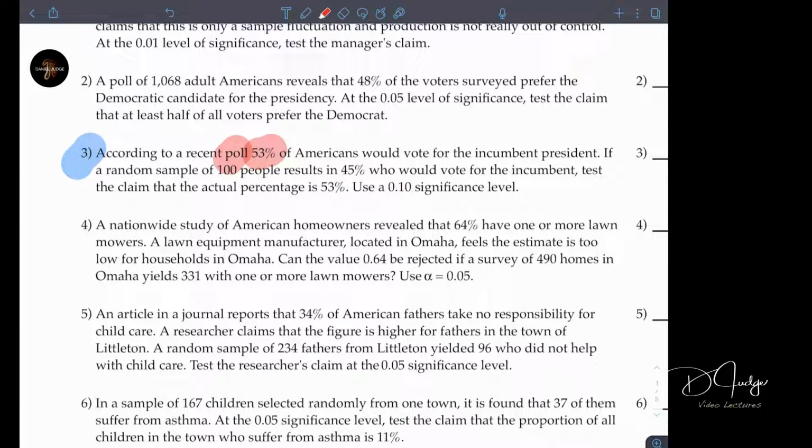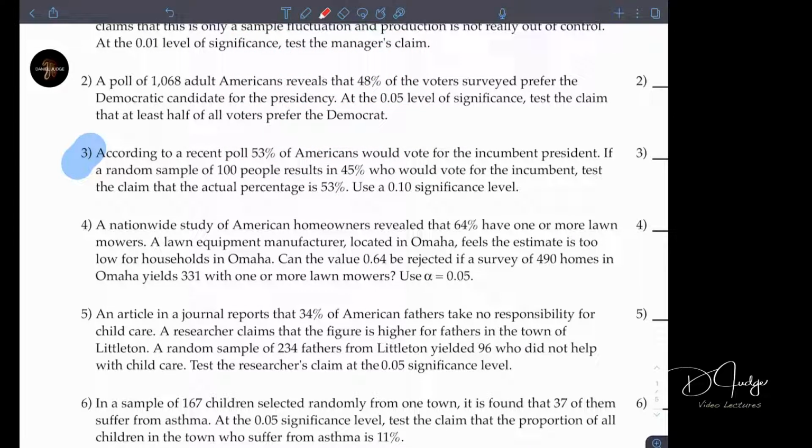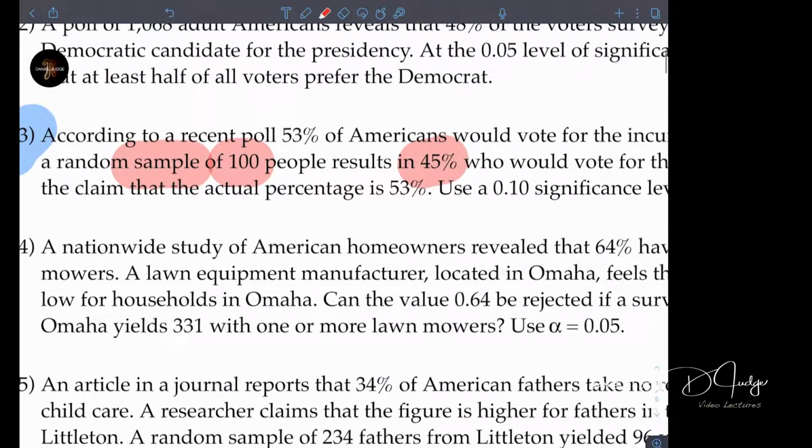Now, what they're saying here is, if a random sample of 100 people, now this is another sample. So you get a random sample of 100 people. That's another sample. This is your sample proportion. So it looks like you have a poll, which is a sample, and then they did another one. And I'll put this next to it.